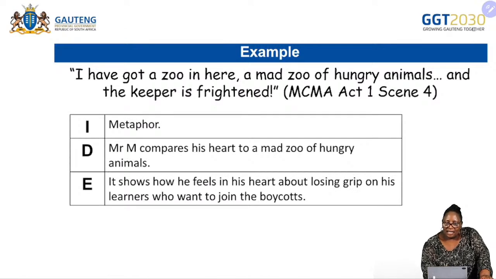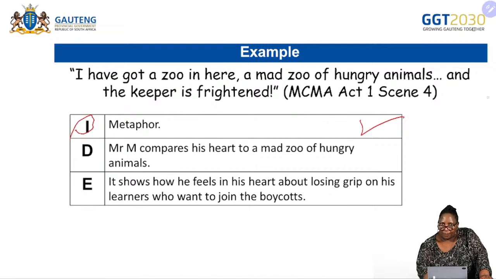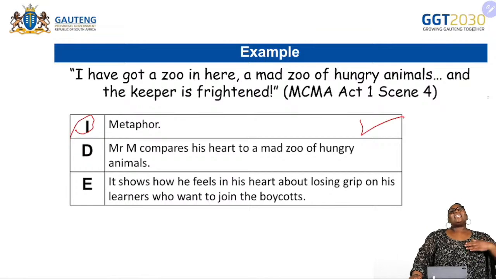Again, the identification for 1 mark, it is a metaphor, indirect comparison, or an implied comparison. It is not as obvious as you would have seen it in a simile where the two things compared are there, like or as.